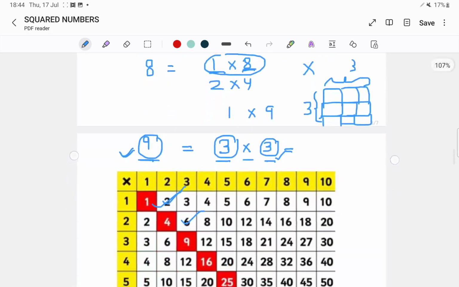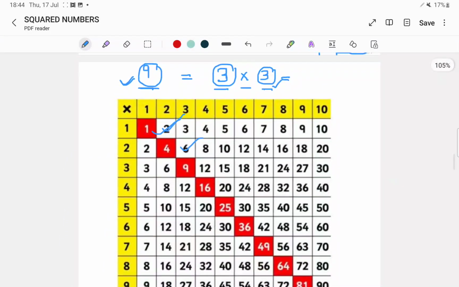So the squared numbers are those numbers which can be represented by multiplication of two same numbers. So if we see here, 1 is 1 multiplied by 1. 4 is 2 multiplied by 2. 9 is 3 multiplied by 3. 16 is 4 multiplied by 4, and so on.